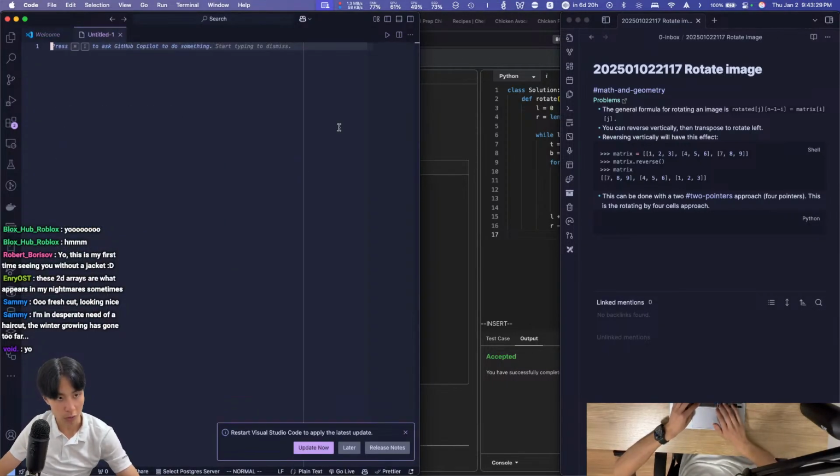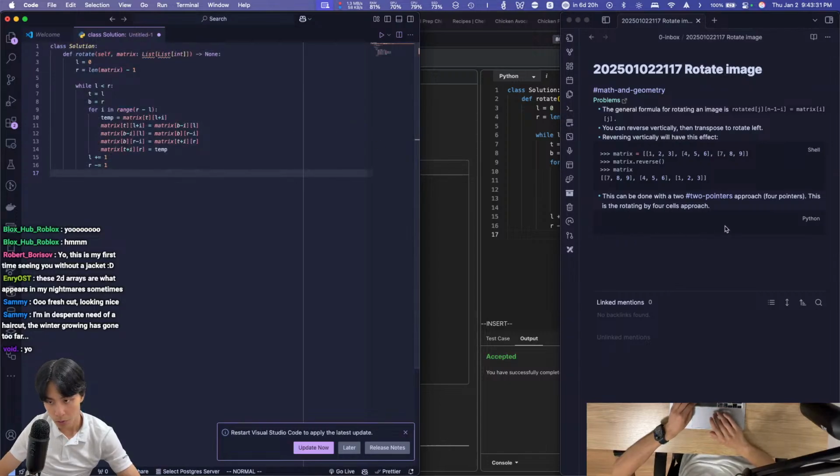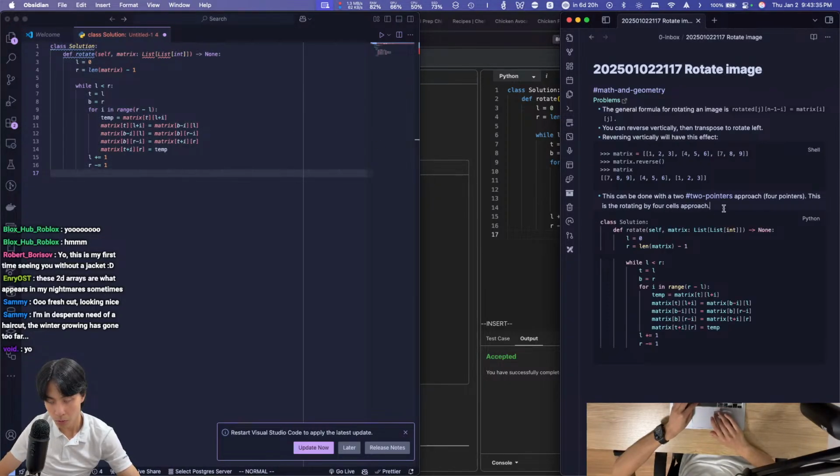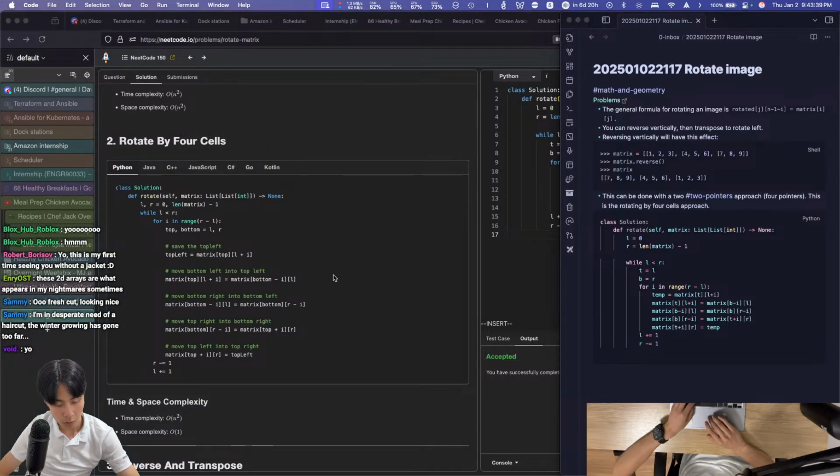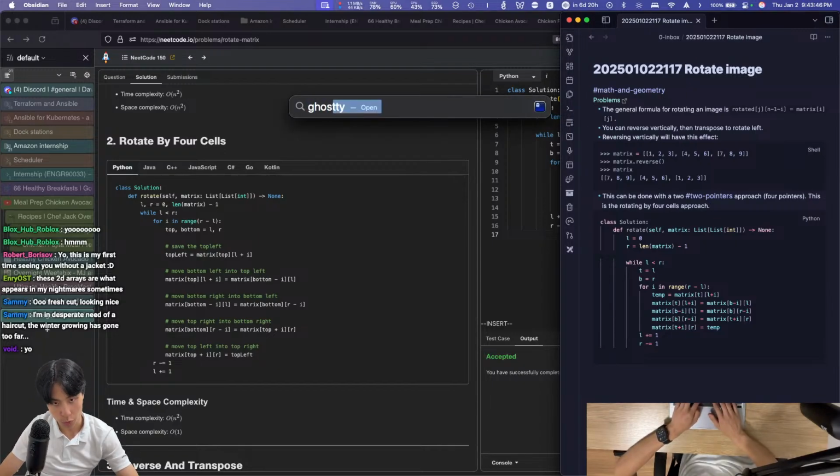Visual Studio Code. So we don't use Alacritty anymore, we're now using Ghostty.